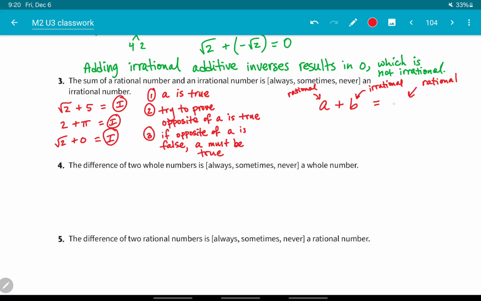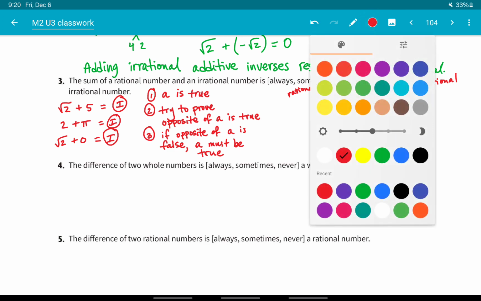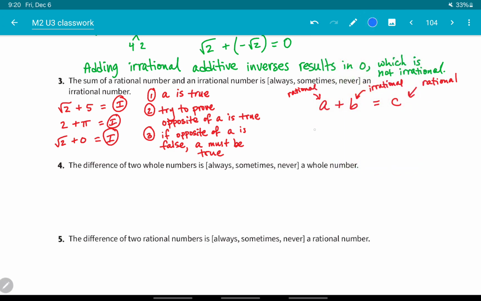So I'm going to call A plus B equals C. Let's start out with A. If A is a rational number, then it can be represented as a ratio, as a fraction. So I'm going to say A could be something like P over Q. And then I still have B over here. And if C is a rational number, then it can be represented as a ratio, something like M over N.